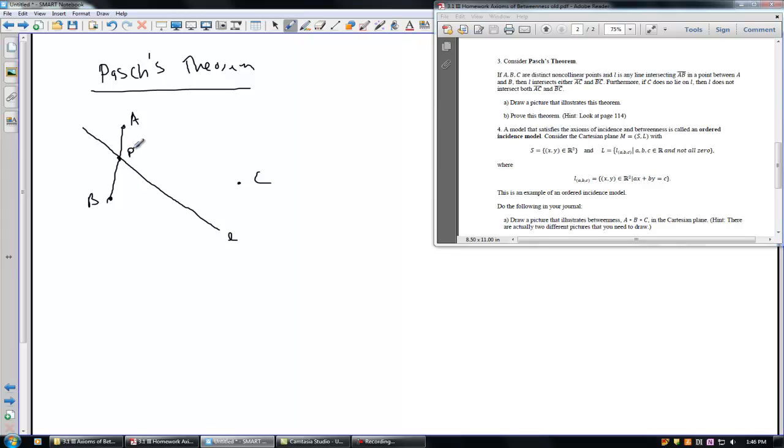Who knows what that point is, but it intersects AB at some point. Great. And then the conclusion is L intersects BC or AC. So it intersects one of these. And furthermore, if L does not pass through C, then L does not intersect both AC and BC.